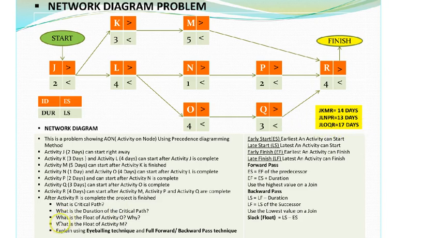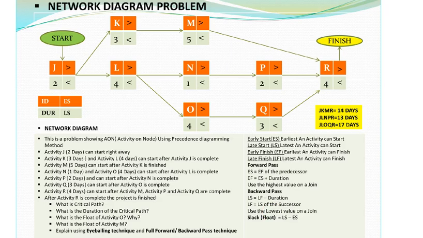Now the third question is, what is the float of activity O? The float on the critical path is always 0. Why? Because O falls on the critical path.